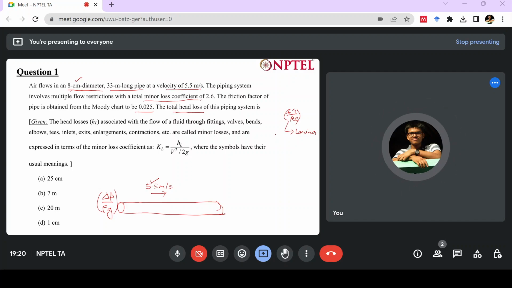Otherwise, we will have to use some other techniques to find out the friction factor, and Moody's chart is one of them. It's a well documented set of friction factor coefficients for turbulent flow. So from there we can find our friction factor. It's given. From the friction factor we will get a particular head loss.